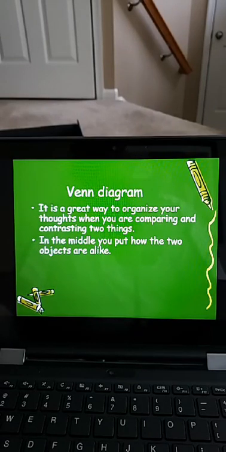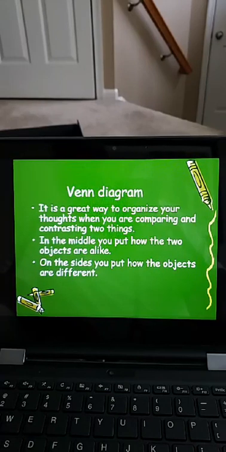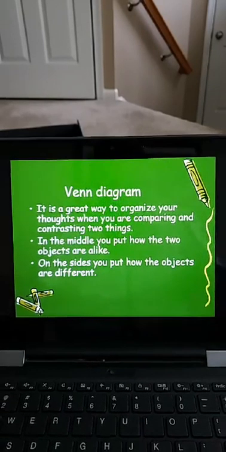In the middle, we put how the two objects are alike, or how they are the same. And I'll show a Venn diagram in a second. On the sides, you put how the objects are different. I'll wait a few seconds for students who are taking notes.